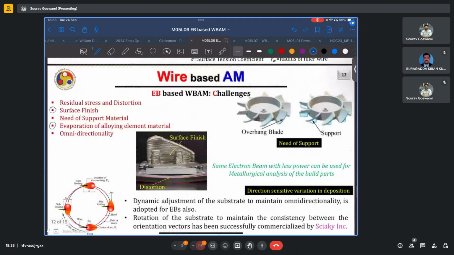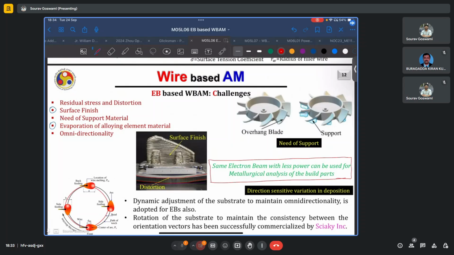Another very interesting aspect which has been pointed out here is that the electron beam, which is used for deposition and melting, may also be used for metallurgical analysis of the build part. As we know that in scanning electron microscopes, we bombard the surface with energetic electrons, and then based on the interaction of the electron with the material, and based on the secondary signals which get activated, we are able to gain information about the material's topography, chemistry, about its surface, and so on.